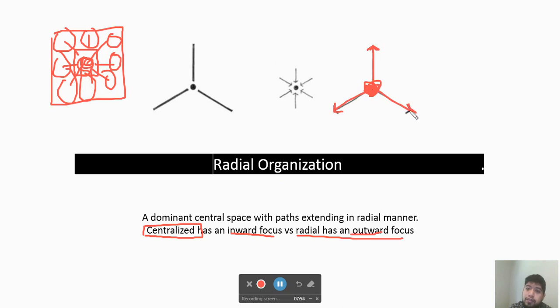And so every time you want to do anything in a space like this, you have to come back to this. Everything is flowing from this. So this becomes not only the central space, but the main sense of movement throughout the building.